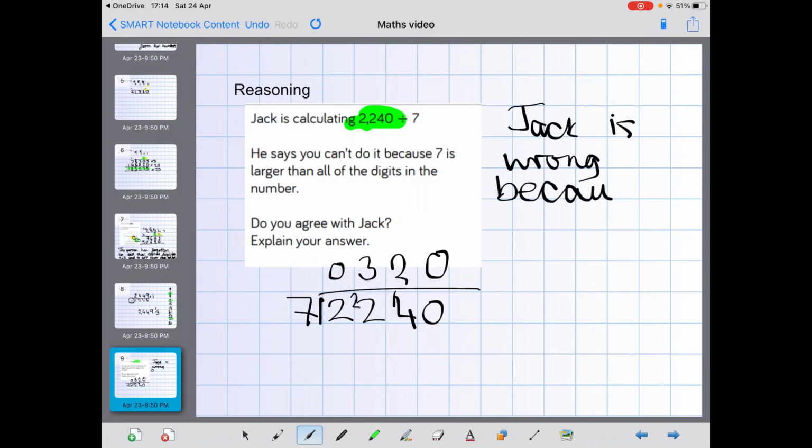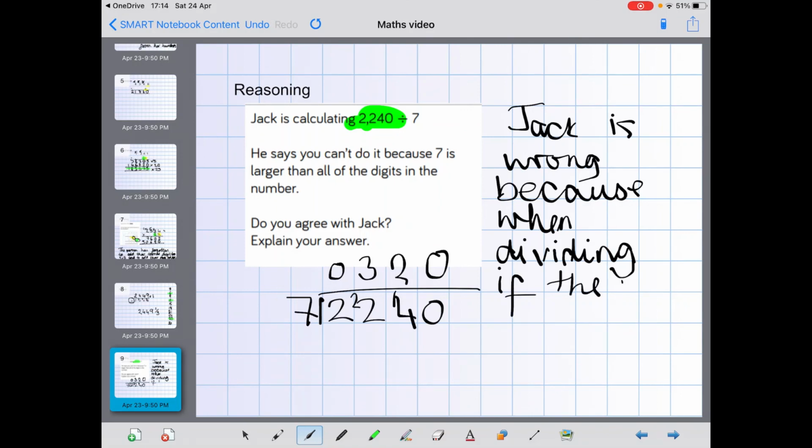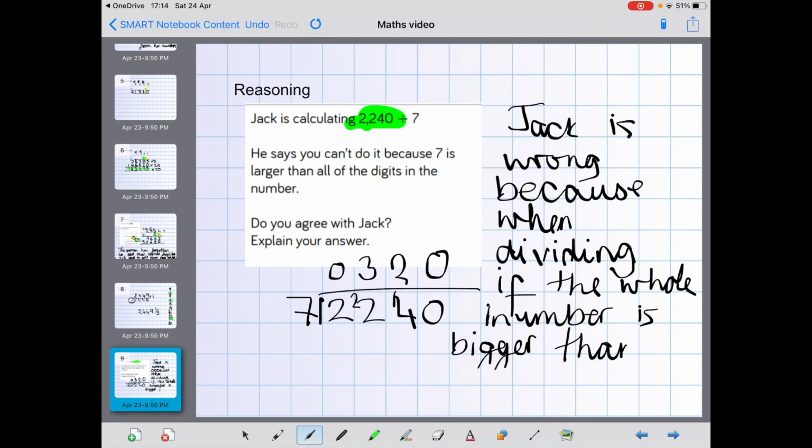because when dividing, if the whole number is bigger, then it can be done.